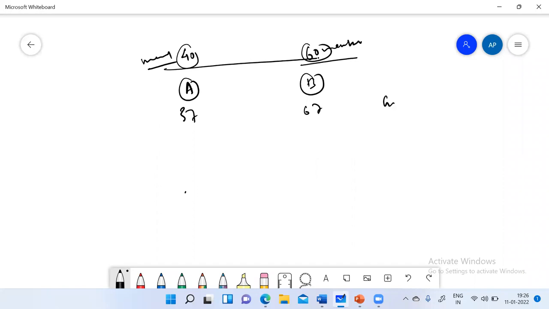What will be the value of the group average? 45, sir.